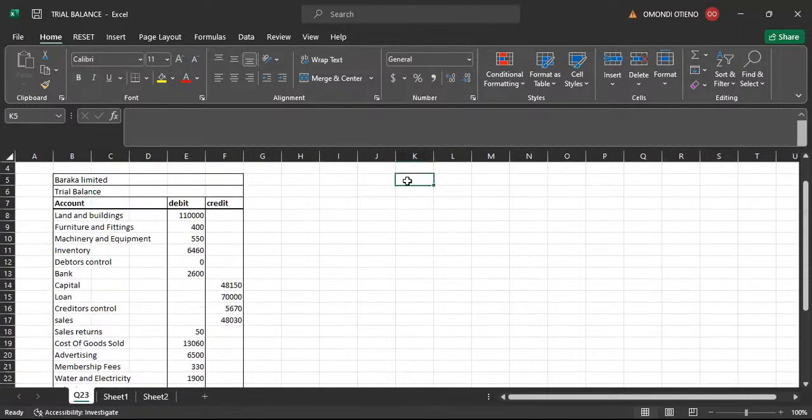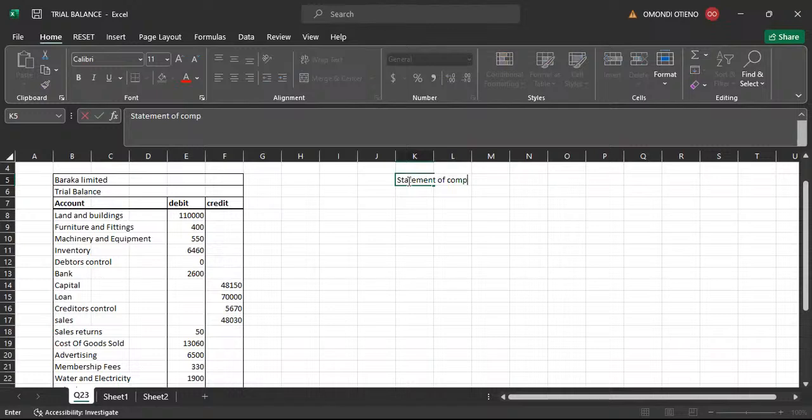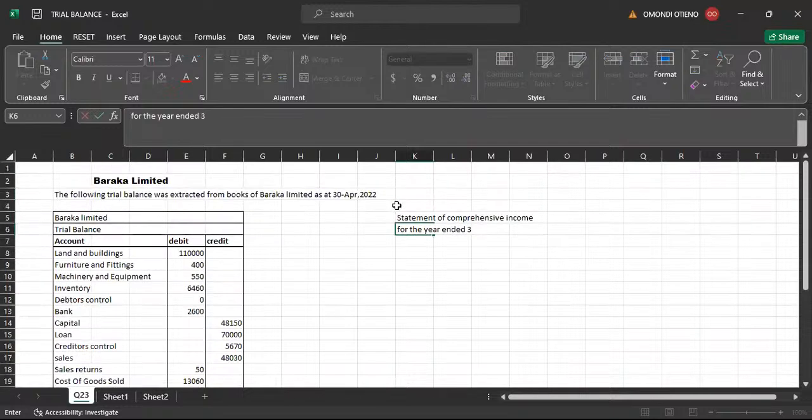I want us to start with the profit or loss, which we normally call statement of comprehensive income. Statement of comprehensive income for the year ended 30th April 2022.